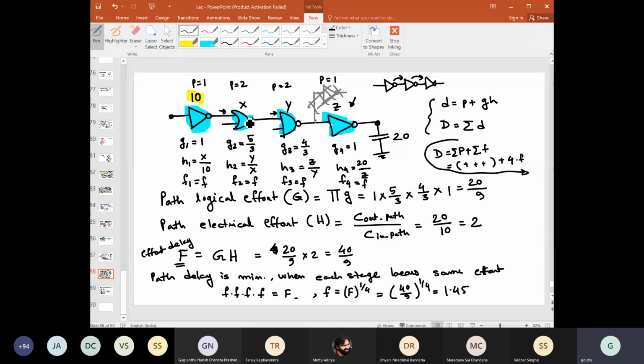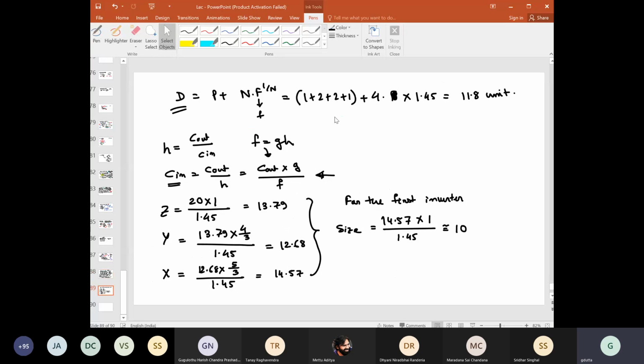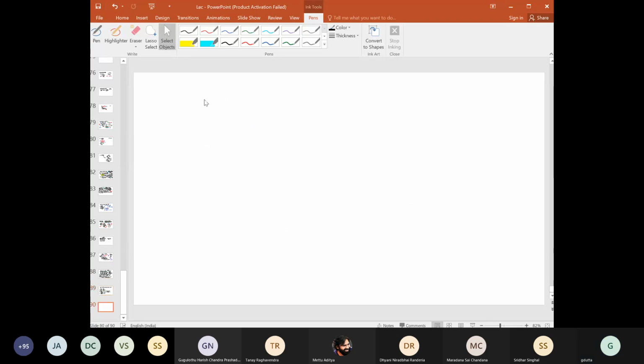Anyway, you can come from the other way as well. It's not a hard and fast rule, but let us start with this for this example. Z means the inverter in stage 4.